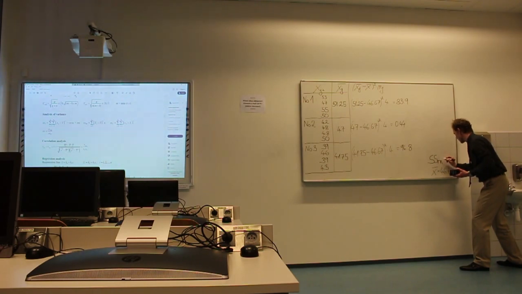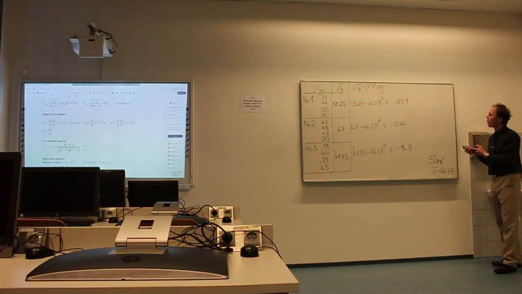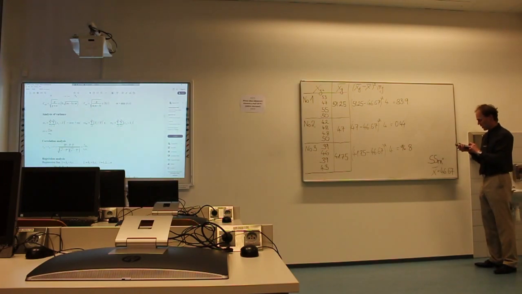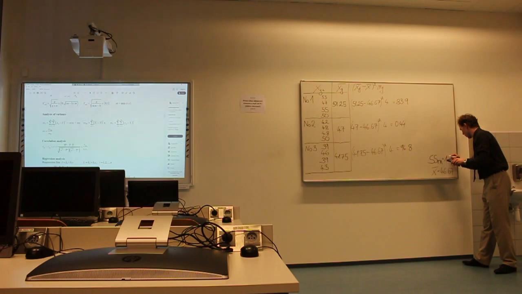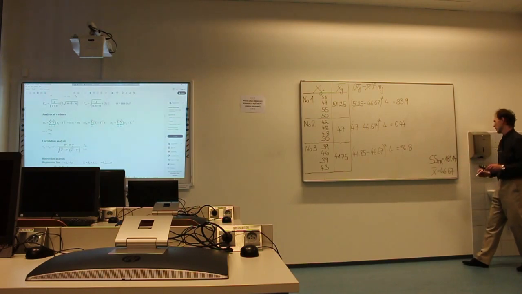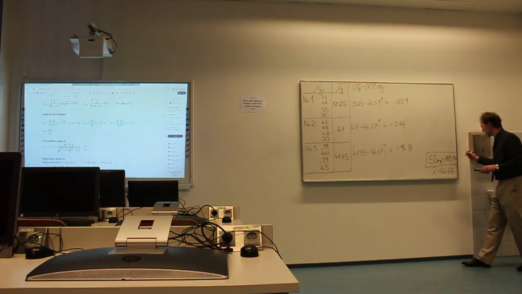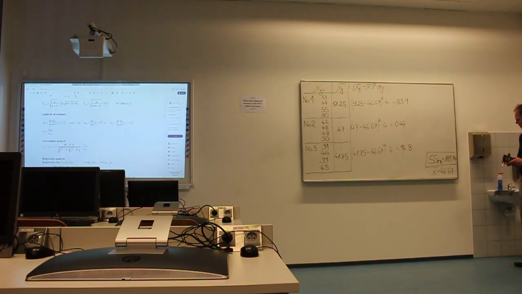The sum of these 3 values will be the theoretical or treatment sum of squares, SSTR. 83.9 plus 0.44 plus 96.8 is 181.14. So this is the first important sum of squares for our analysis.